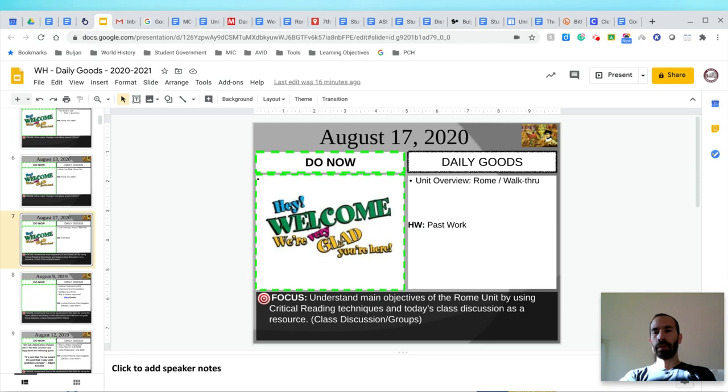And basically the walkthrough is just previewing the textbook, looking at the graphics, pictures, and images for our current unit. So we look at maps, we'll look at graphics that might show an artifact or a timeline. So we just look at the images and there's questions that go with the images that we're looking at.